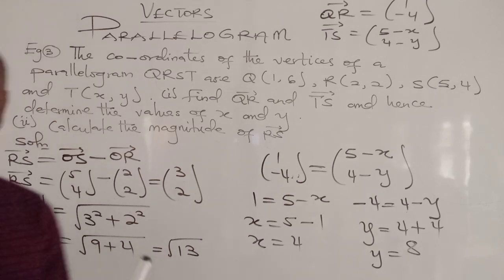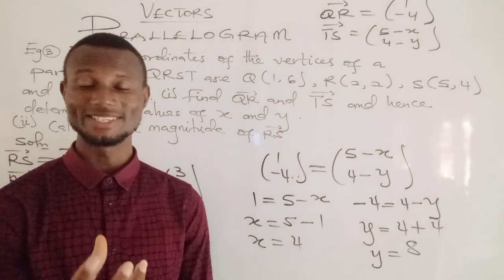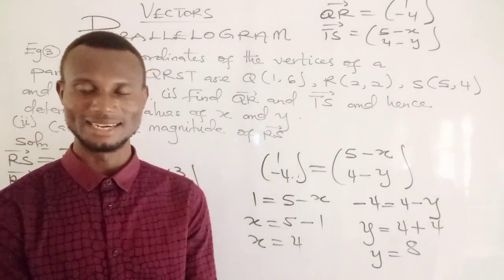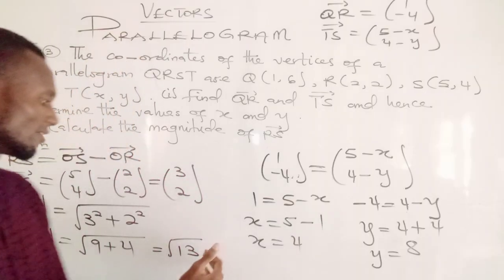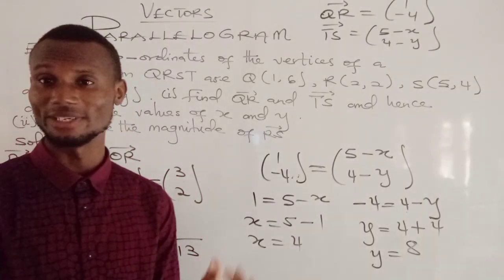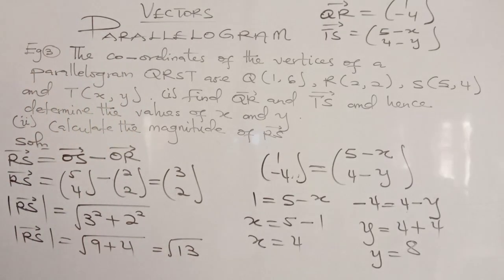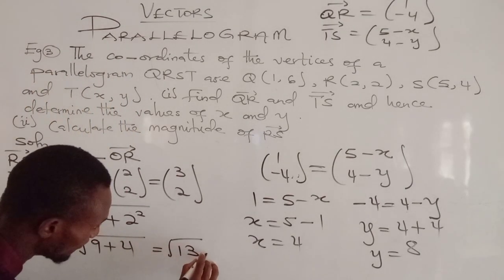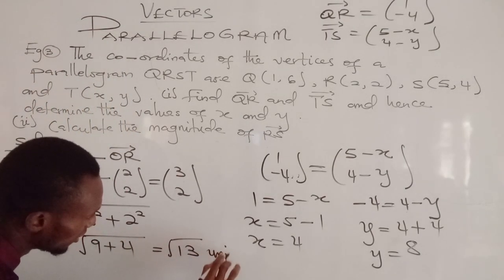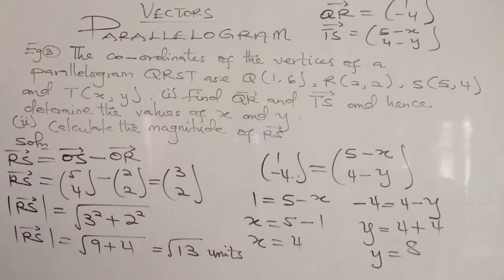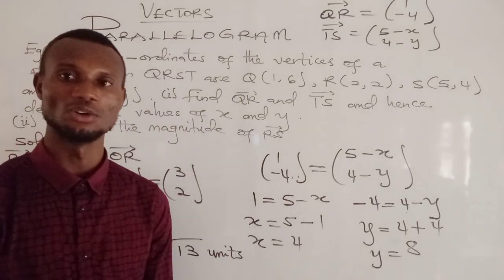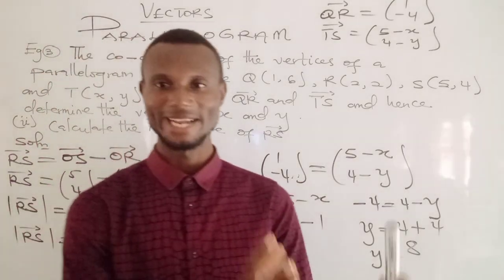And you know that for the square root of 13, we will not get a whole number as an answer. So either you leave it like this or you change it to decimals using your calculator. I will choose to leave it like this and add my units. So we have the square root of 13 units, and that is my final answer for the magnitude of the vector RS.